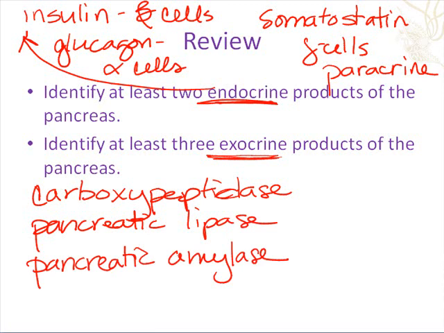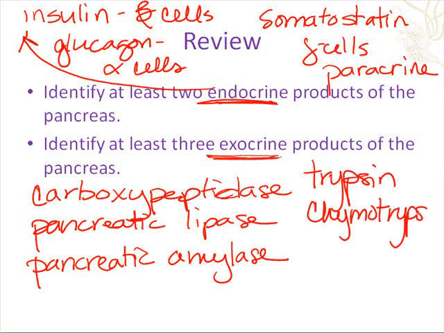You have trypsin and chymotrypsin, both of which also assist in the digestion of proteins into individual amino acids. And what else am I missing here?